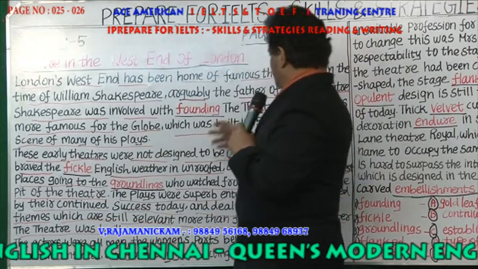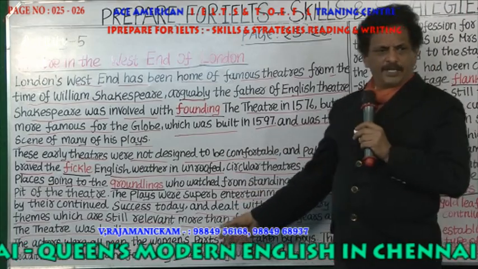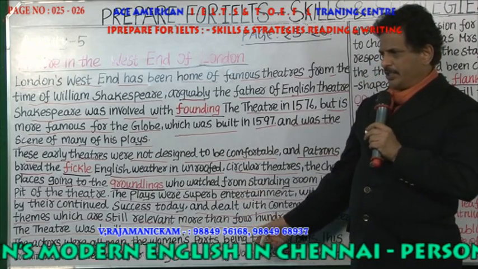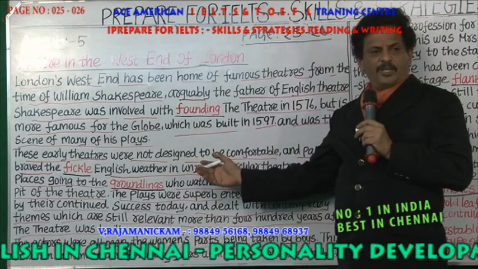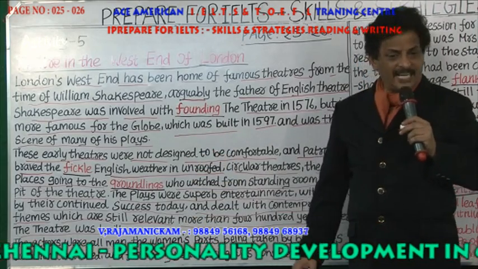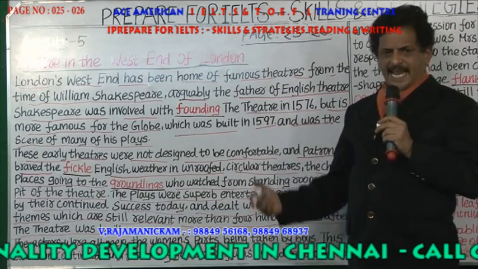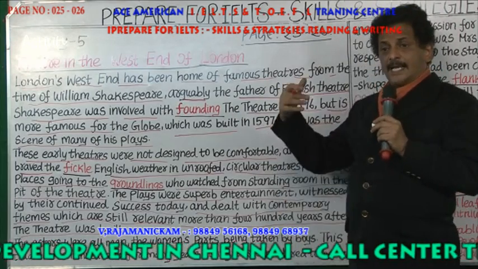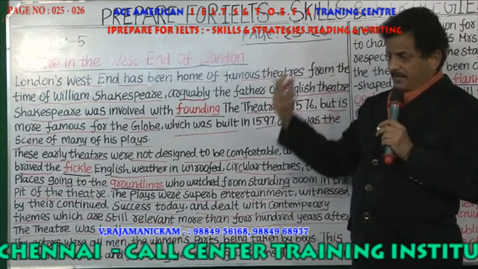See, in 1597 the theatre was built, and after nearly 400 years we have come to 2014. Even now, that philosophy is relevant. What Shakespeare enacted in his plays is still relevant, not only 400 years back, even now.